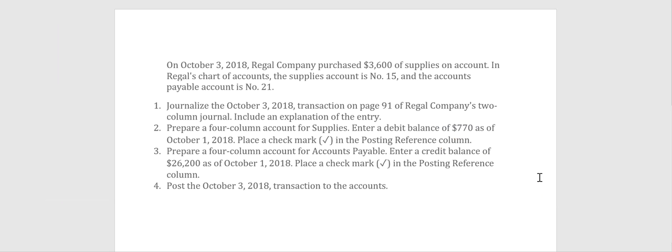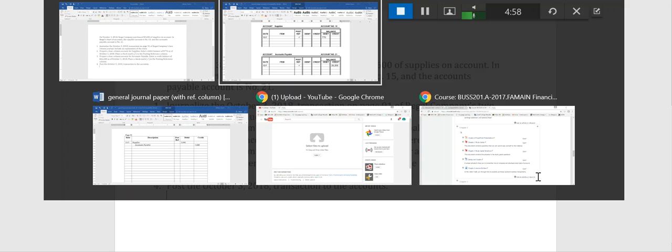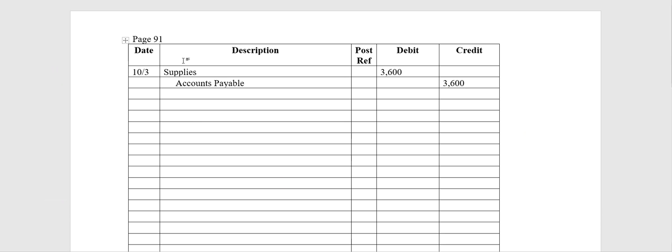the October 3rd, 2018 transaction for the purchase of $3,600 in supplies. So if we go back to our journal, we look at the accounts and how they're affected. Supplies was debited for $3,600 on October 3rd, and accounts payable was credited for $3,600 on October 3rd.